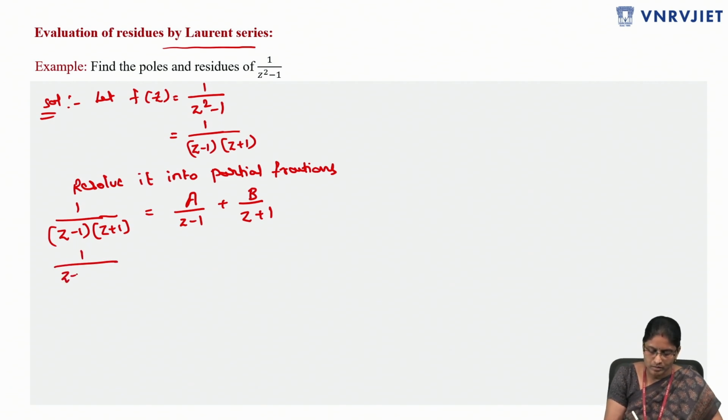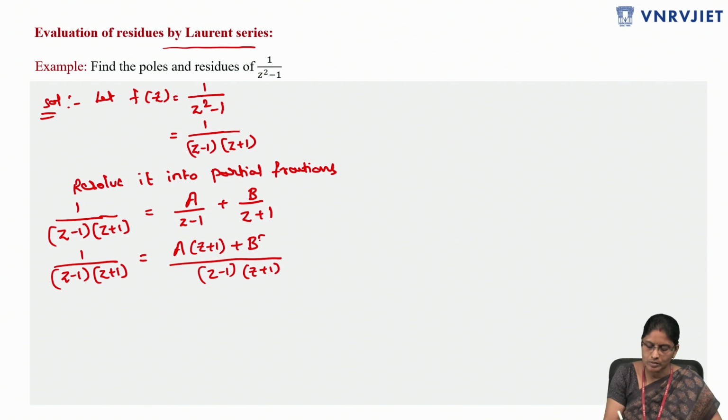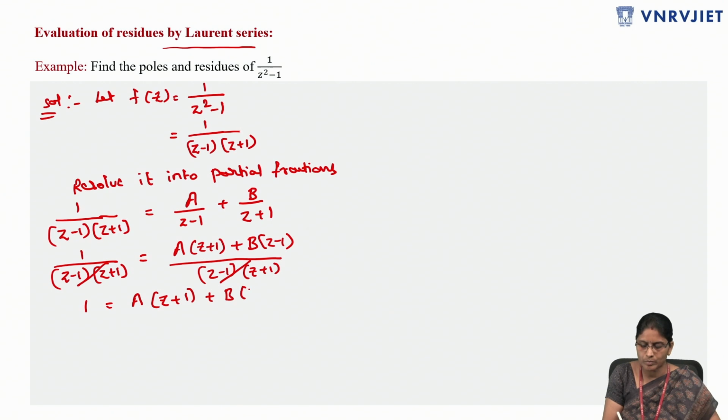First take LCM here, z minus 1, z plus 1. a into z plus 1 plus b into z minus 1. Cancel the denominator. We get 1 is equal to a into z plus 1 plus b into z minus 1.